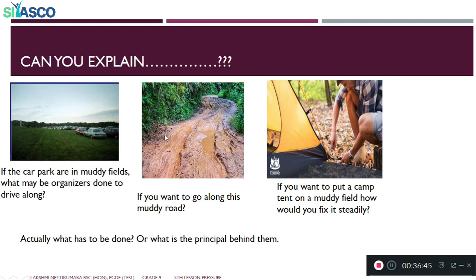Here also the same, you can place a wooden plank or bricks, so thereby you can increase the contact area. Here also the same, placing a wooden plank, you can fix the tent safely and steadily.